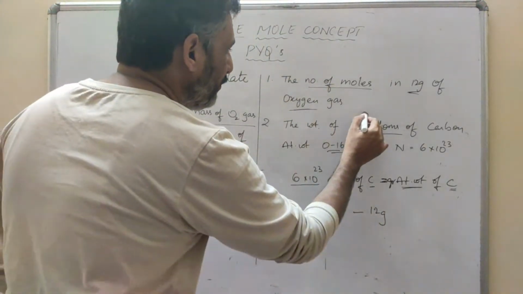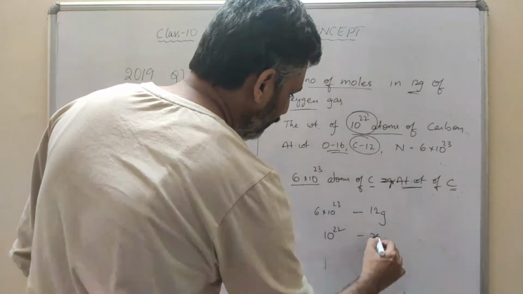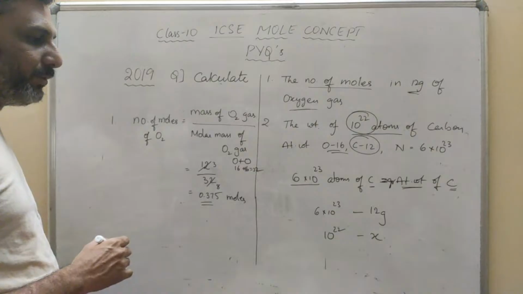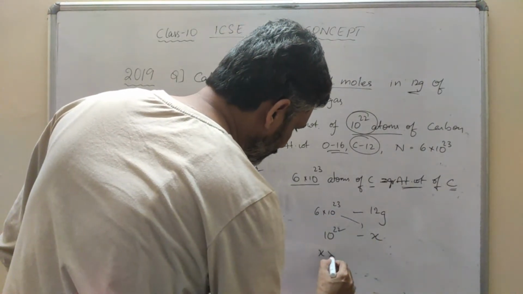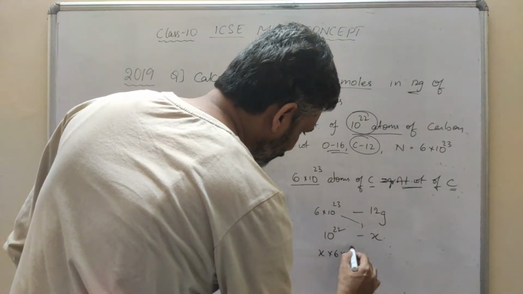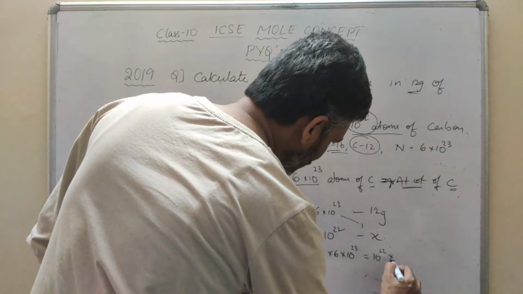Then what will be the weight of 10 power 22 atoms? So we cross multiply. x into 6 into 10 power 23 equals 10 power 22 into 12.